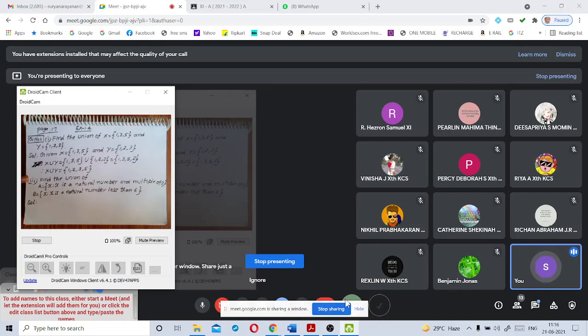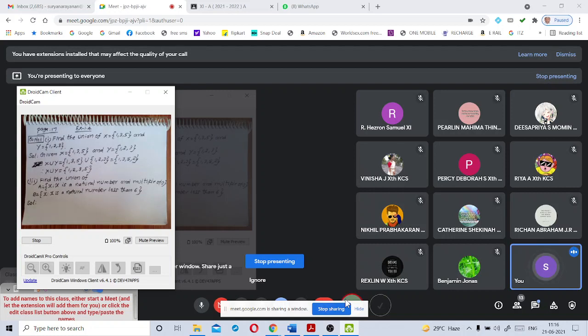If any one of the given two sets is an infinite set, remember this point, my dear children, no need to write that set in the roster form.